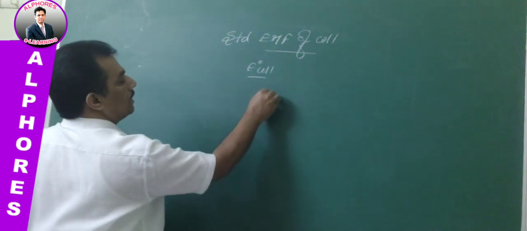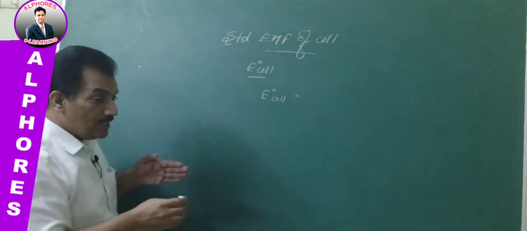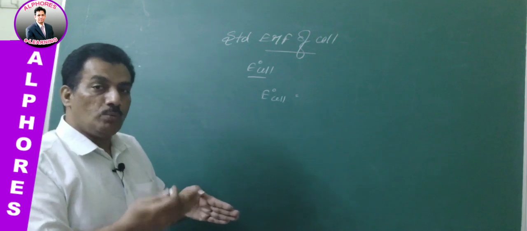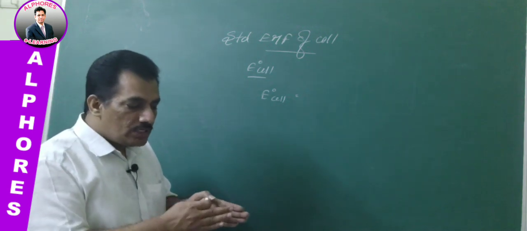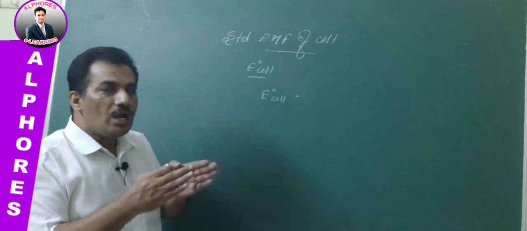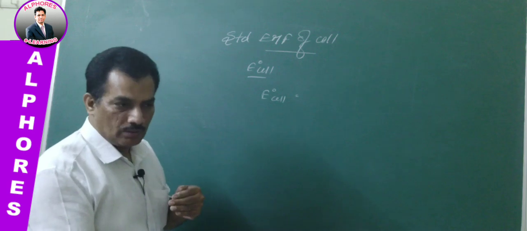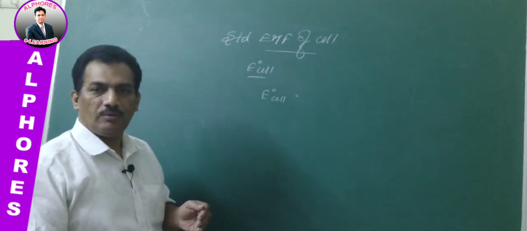E naught cell, even though it is defined as the difference between the two electrode potentials, we consider the difference only when both are in the same SRP or SOP.